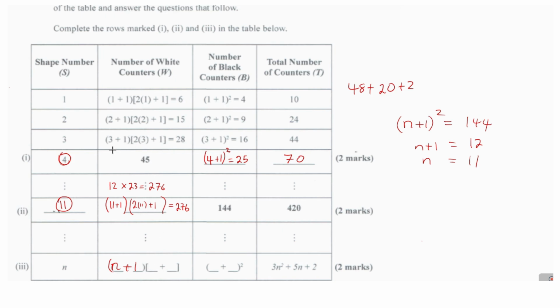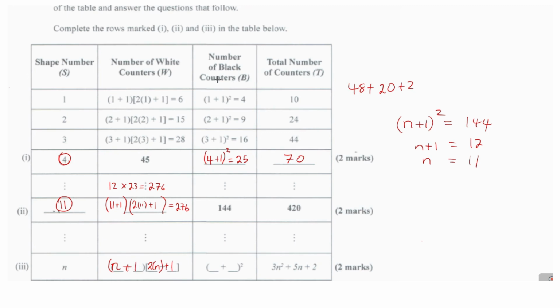And then upon studying this part, we can see that we're going to have 2 times n in the bracket here. So let's write 2, and then we have n, and then plus the constant 1. Okay, that would be the nth term for the white counters.